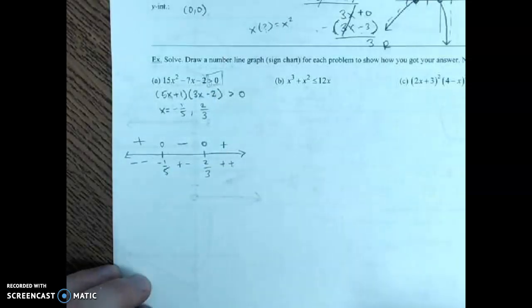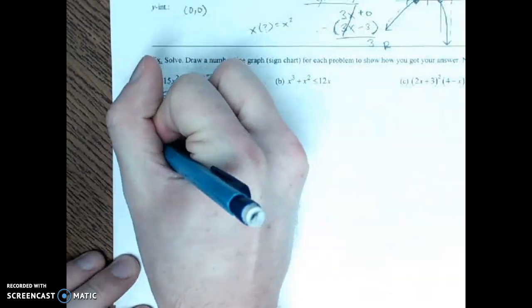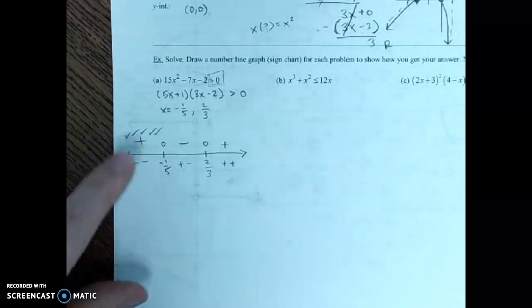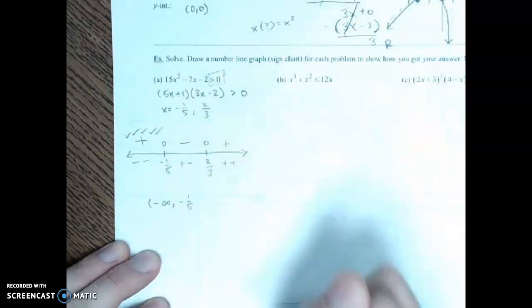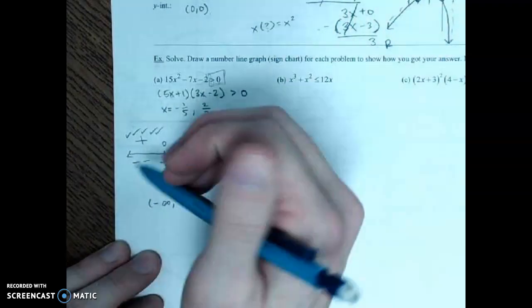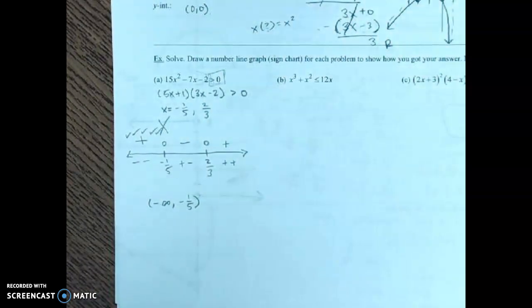Only want the positives. So this interval right here, right? Everything here is going to produce out a positive. We tested that earlier. So -infinity to -1/5. I would not want to include this. -1/5 produces out 0, which I don't want. So throw it out with the parentheses.